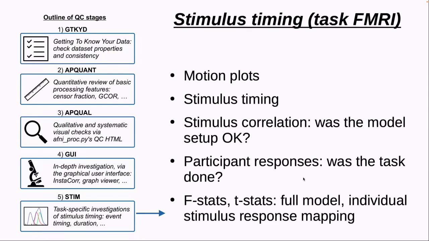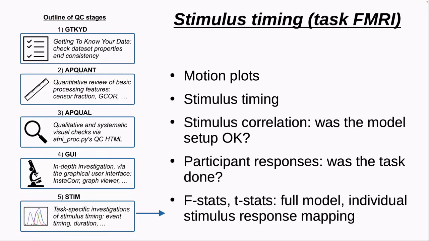Okay, so stimulus data, task-oriented data, requires some special attention for the stimulus timing. We want to look at the motion plots. We want to see if there's stimulus correlation with motion, and whether the stimuli are correlated with each other, which is something we want to avoid.